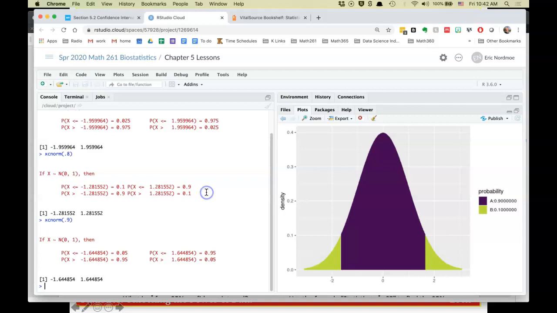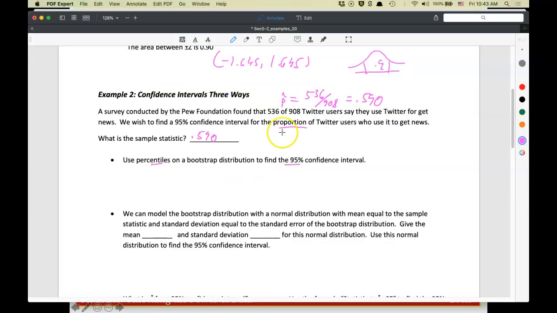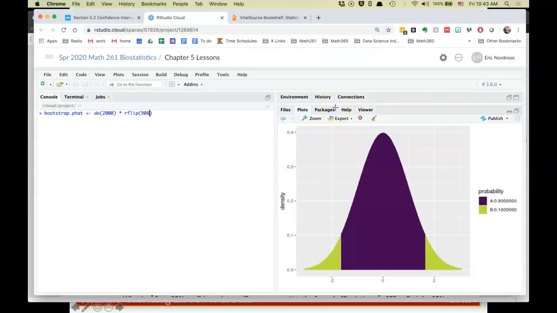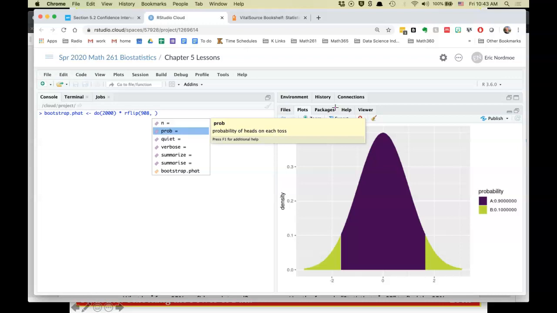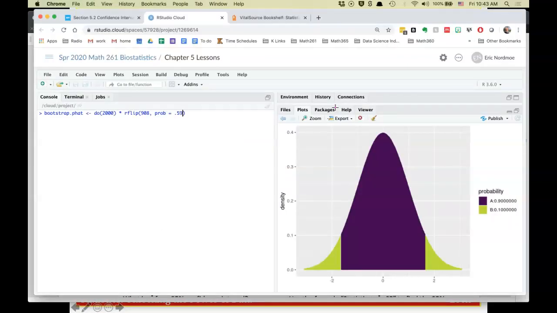Over here in R, we're going to do bootstrap dot p hat, and we're going to do 2,000 of these, say, and we'll do rflip. And what was our sample size? It was 908, and the prob, let's see, it was prob equal to 0.59. If you put these in order, it shouldn't matter.